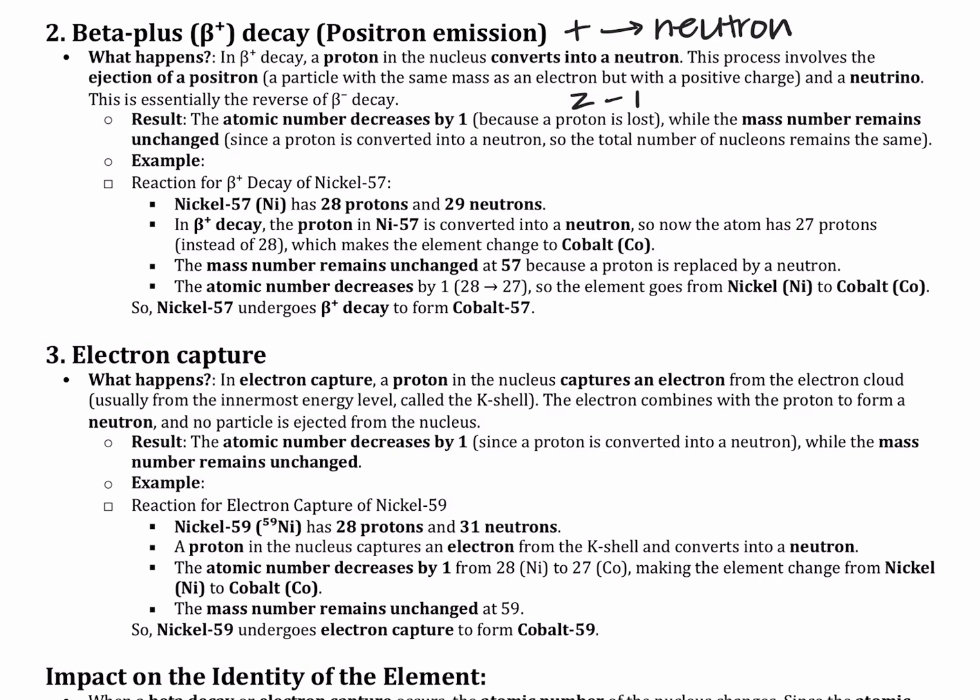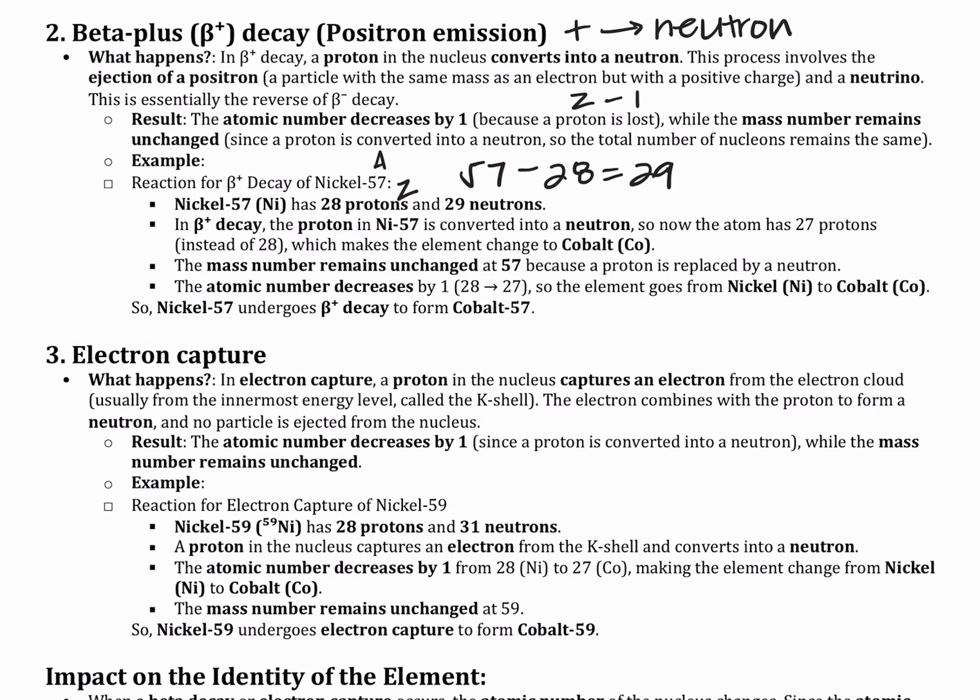So let's go ahead and look at an example. So nickel 57. 57 is the mass number. And then we have here 28 protons, which signifies the atomic number, Z. To get the number of neutrons, we subtract 57 minus 28. That is 29. Those are 29 neutrons.